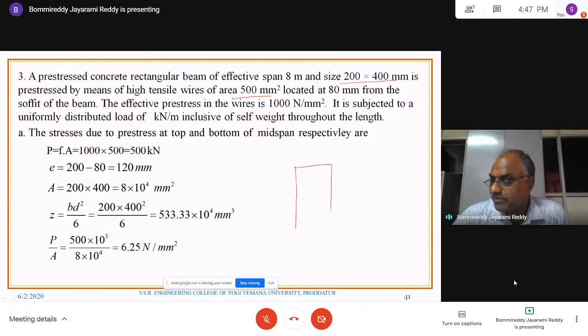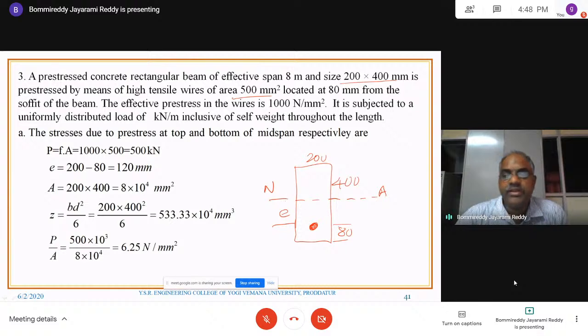So here it is 200 by 400 millimeters, and the wire is located at a distance of 80 millimeters from the soffit, and this is the neutral axis. What is the eccentricity? Eccentricity is not 80. Eccentricity will become 120, because 200 minus 80 is 120.